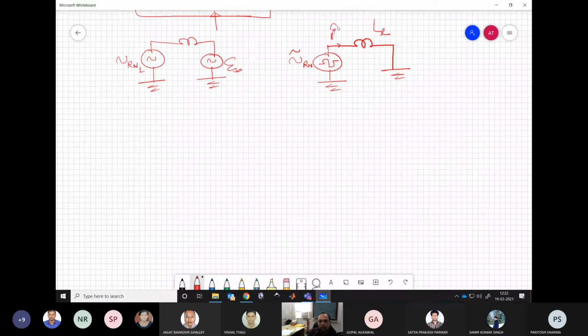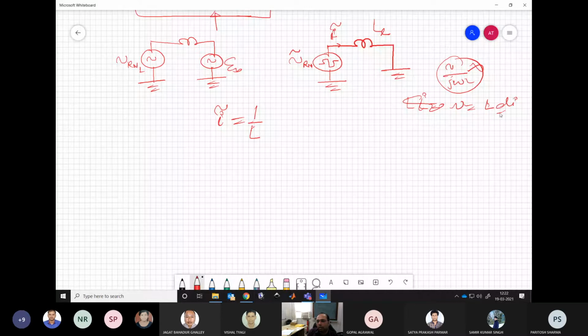Then in this case the current ripple can be written as, so here we do not write V by j omega L, because this is not for an individual component. Now we have the AC quantity, the sum of all the ripple. So basically we need to go for a more generic equation, which is L di by dt is equal to V. So V equal to L di by dt.